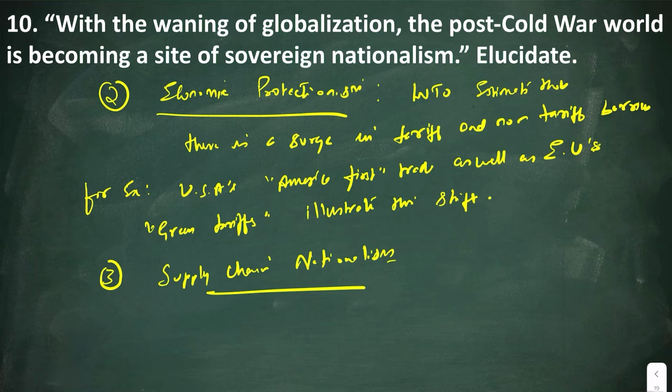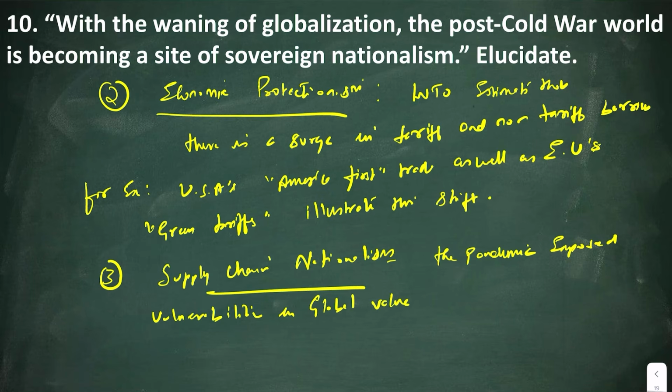Here you can elaborate by telling the pandemic exposed vulnerabilities in global value chains, leading to reshoring and friendshoring.